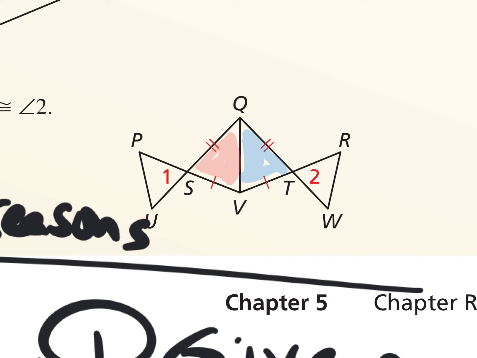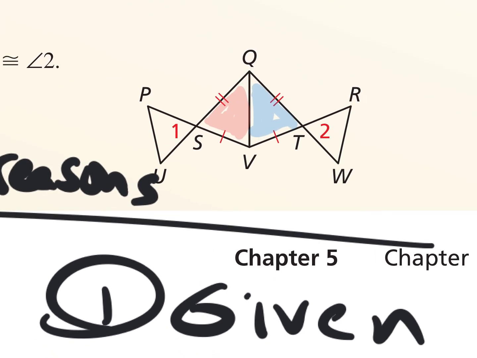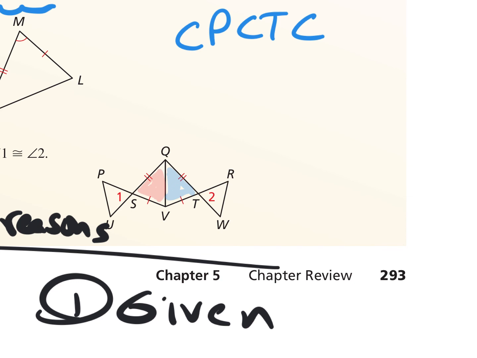After I show that these 2 triangles are congruent, then I can go back and use my CPCTC and state that I have another corresponding part that's congruent, and then I'll also bring in my vertical angles. So let's go ahead and first just get the blue and the pink triangle as stated as congruent. So let me go ahead and set up my statements and my reasons.